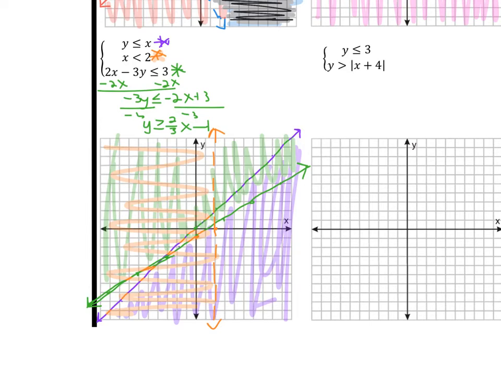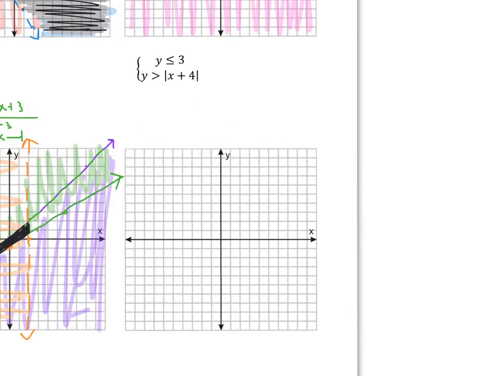Looking carefully at the overlap, we have a teeny tiny triangle with this vertical boundary edge, and this diagonal edge right here. So this shaded region, it's pretty small, would host all the ordered pairs that make all three inequalities true at the same time.